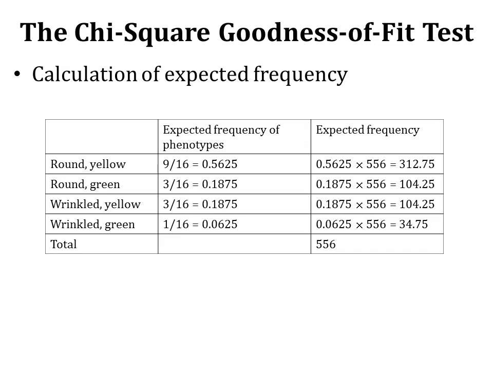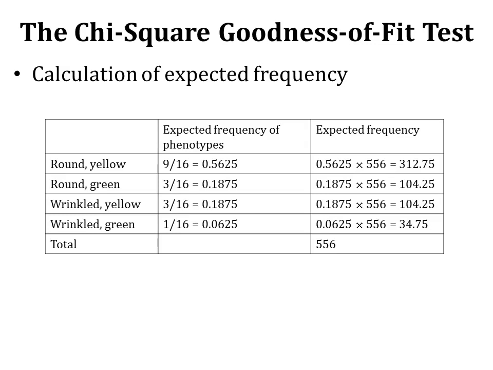So we calculate the expected frequencies on the basis of this model. First of all, we calculate their proportion values. Round yellow, 9 by 16. What is the total of 9, 3, 3, 1? It is 16. So 9 by 16 is 0.5625, 3 by 16 is 0.1875, and 1 by 16 is 0.0625.